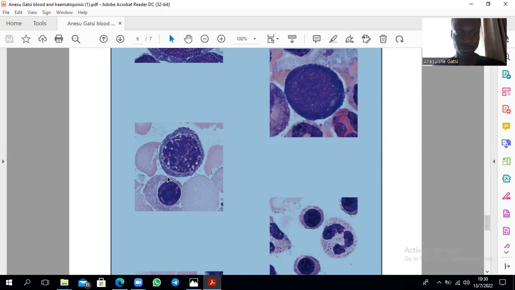Then we see a pronounced clumping of its chromatin here. Then you also see other regions that are lightly stained there. Right? Indicative of now hemoglobin production that is starting.